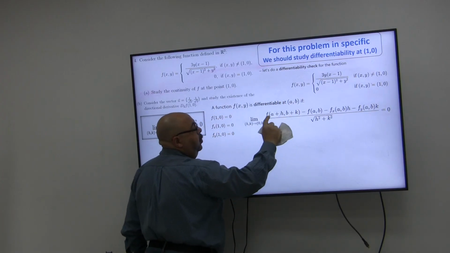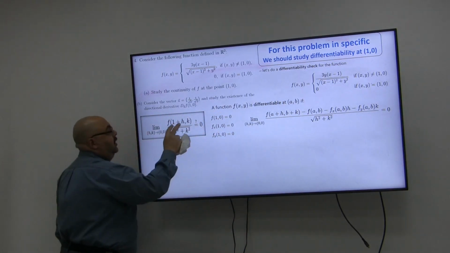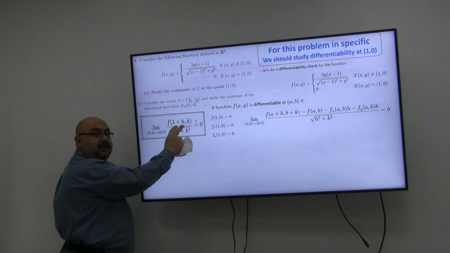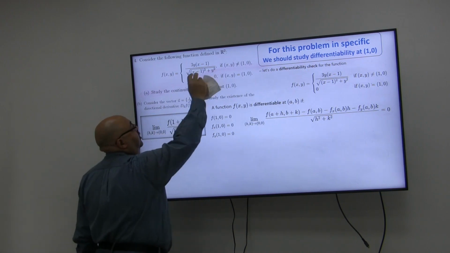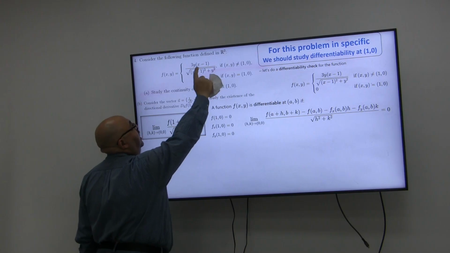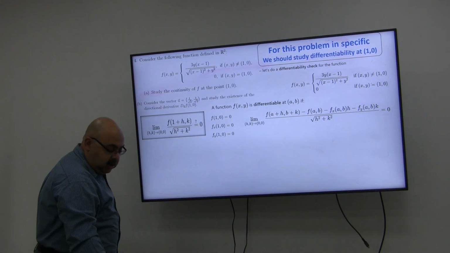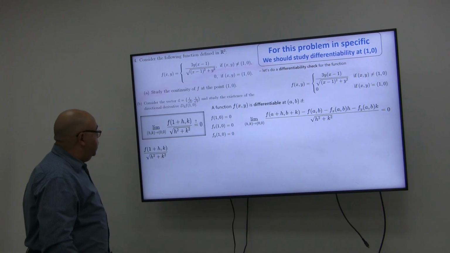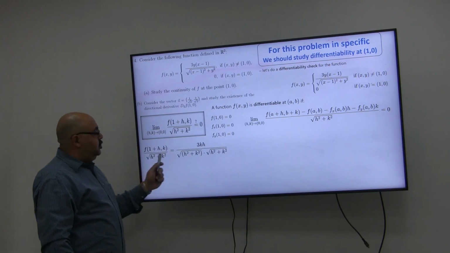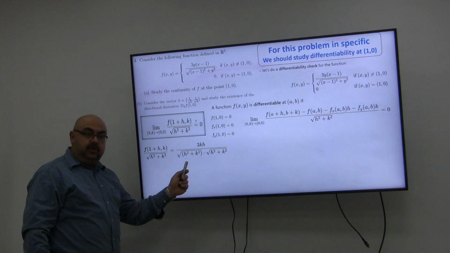Which means (1 plus h, k), and this is the value of the function. So I will bring this, replacing y by k and x by 1 plus h, and do the substitution. This is going to be the function that I'm dealing with after substitution.